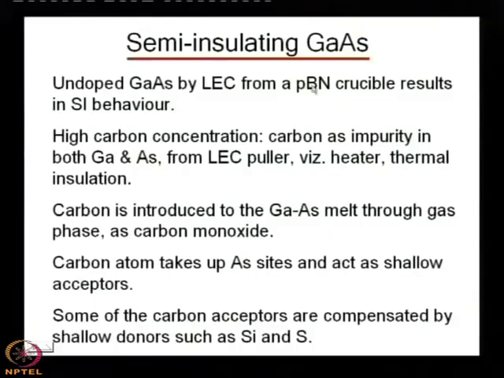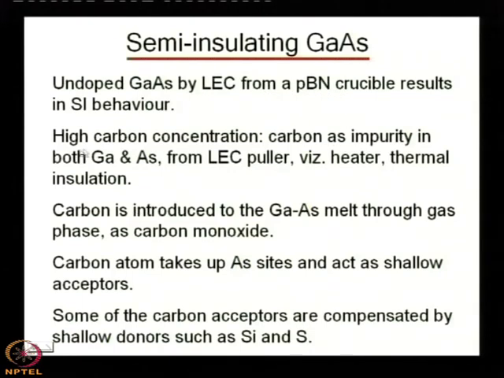That is why pyrolytic boron nitride is used, though it is very costly material. So, we find that the semi insulating material is obtained from undoped gallium arsenide grown by LEC technique using pyrolytic boron nitride crucible.